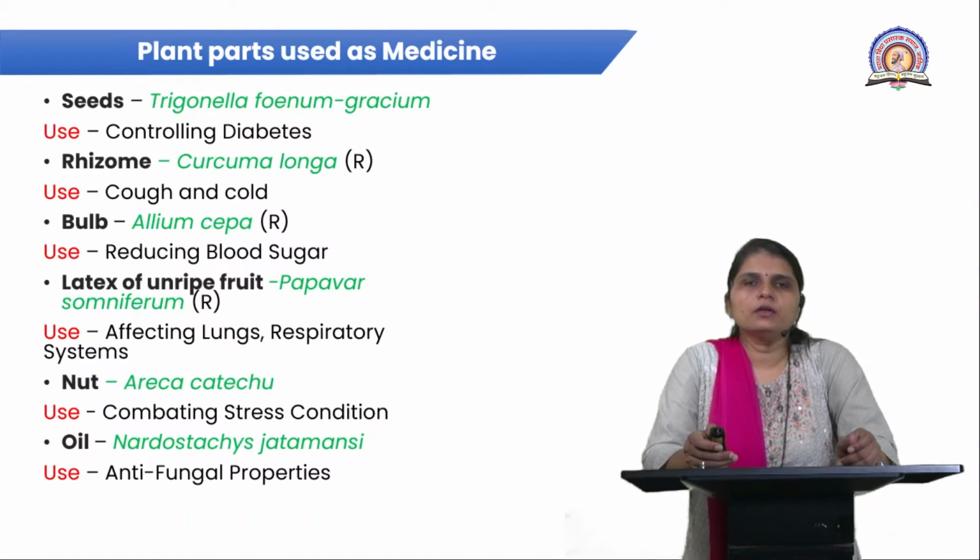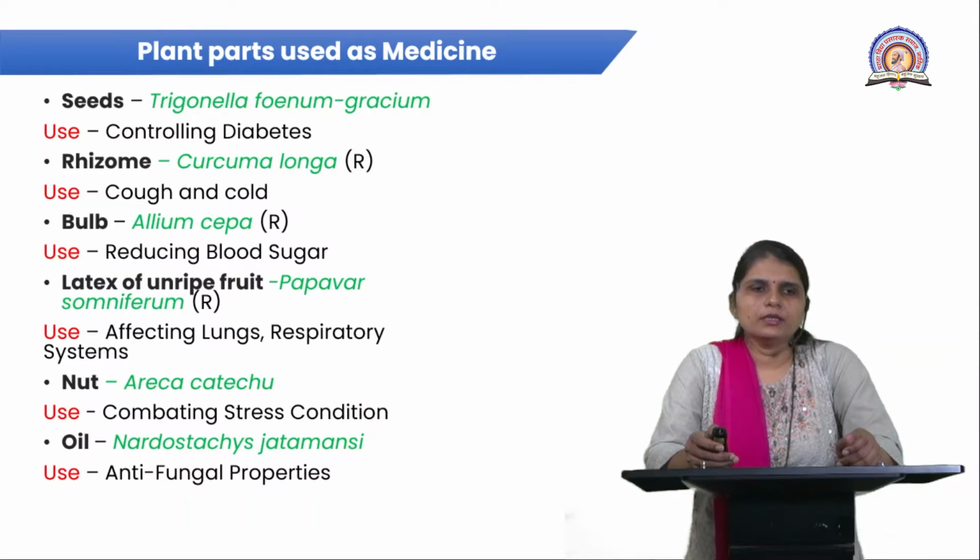Then next one is the bulb of Allium cepa, common name onion. The onion bulb is used as medicine for reducing blood sugar. Then the next one is the latex of unripe fruit. Latex is the milky fluid.